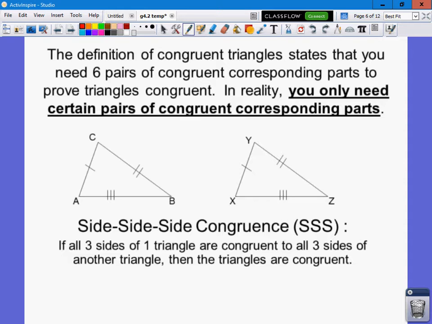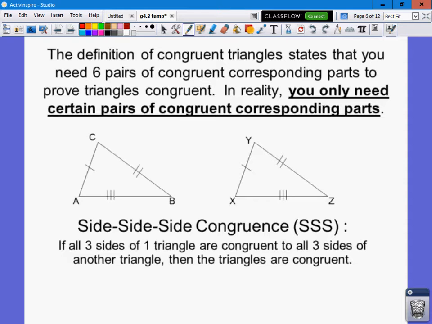What you see at the top was the definition that we talked about yesterday. The definition of congruent triangles states that you need 6 pairs of congruent corresponding parts: 3 sets of sides, 3 sets of angles. And today we're going to say you only need certain pairs of congruent corresponding parts.